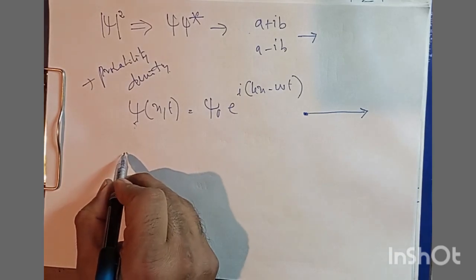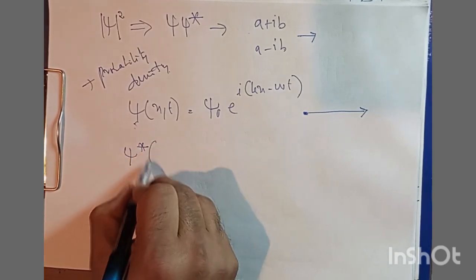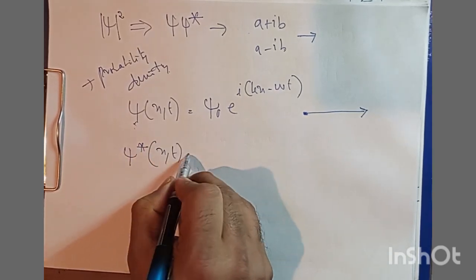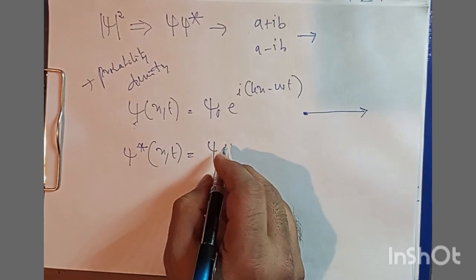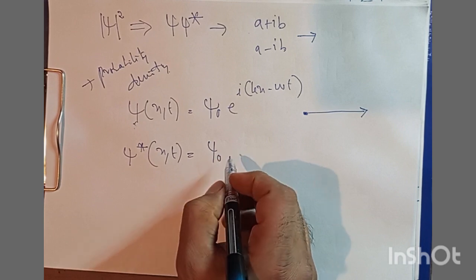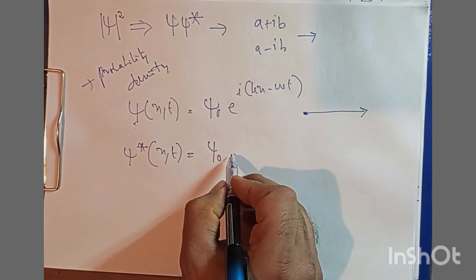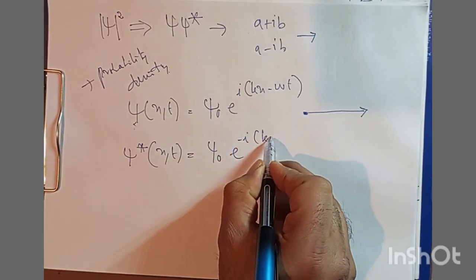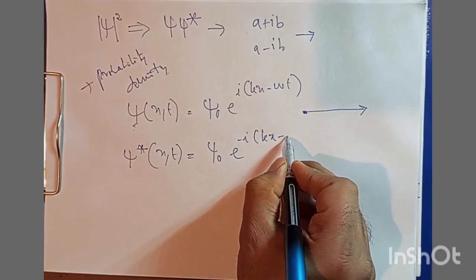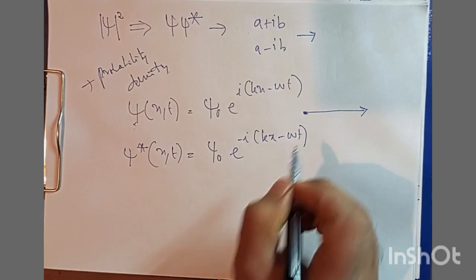And we can take its complex conjugate, psi star of x and t, that is e to the power of minus i times kx minus omega t.